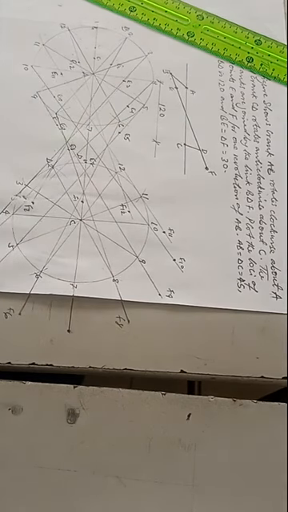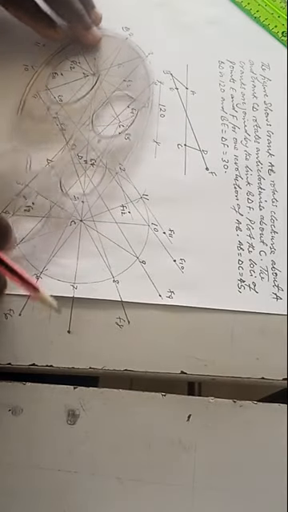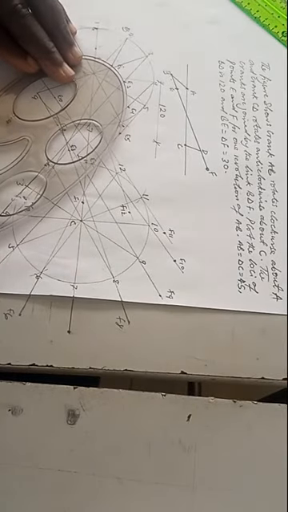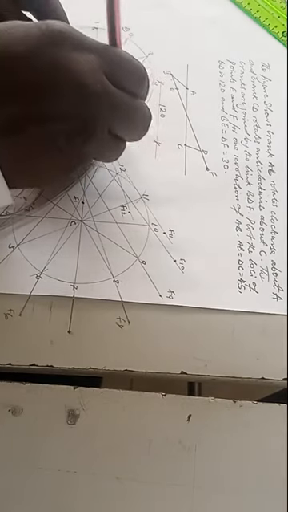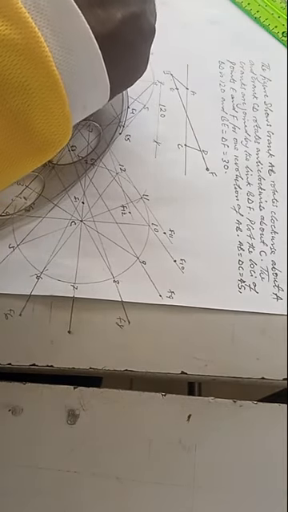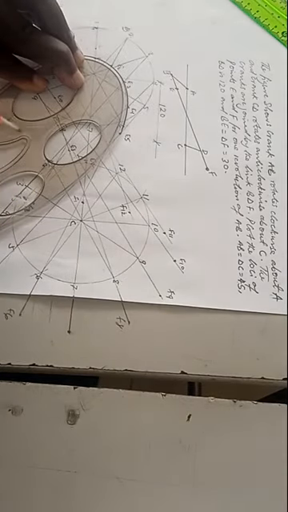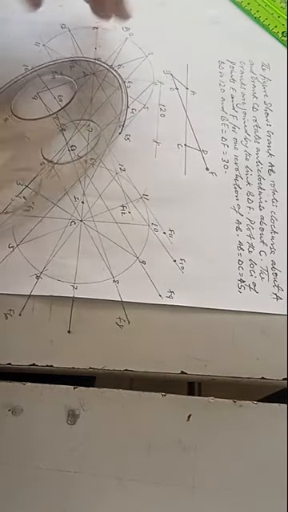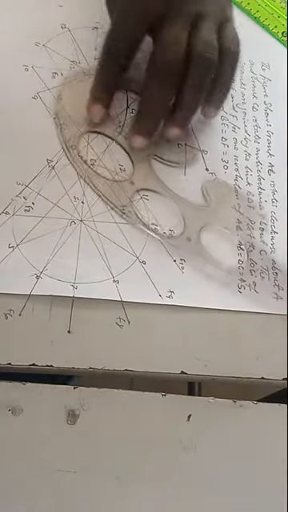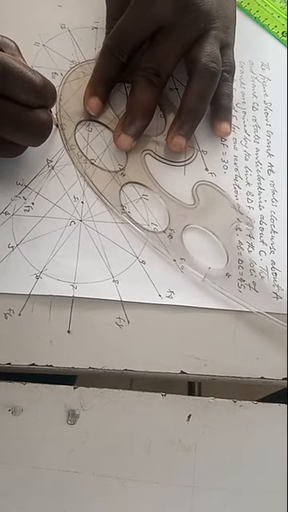So we join with French curve. So we're going to have 2 loci. Let's join this one. Join this 4 or 5 up to E1. And join these ones up to this place. Then join these ones too. And also join these ones.